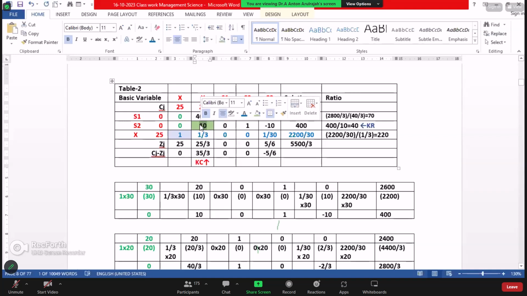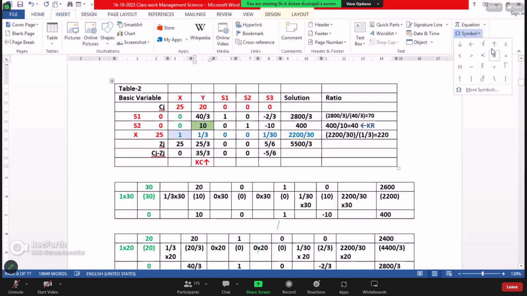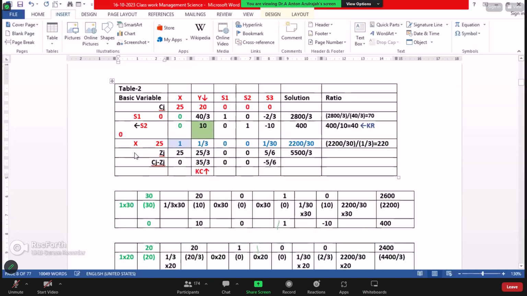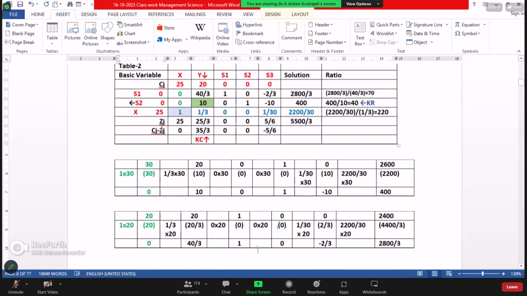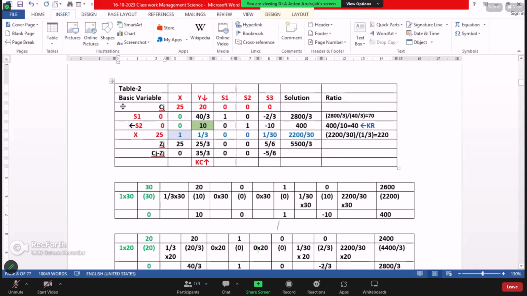S2 is the leaving variable, Y is the entering variable. So I put an arrow mark here: entering variable, and this is the leaving variable. Right, so now we have to move to the next table, table number 3. So I copy this part.